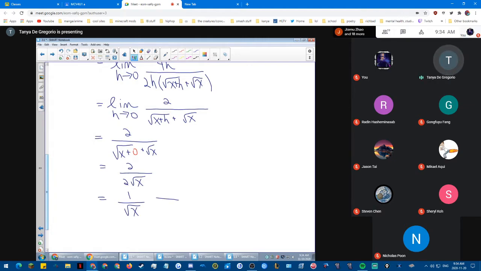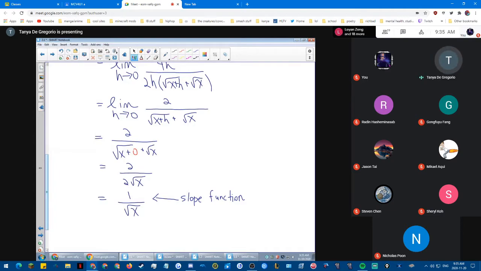So what do we call this? What did we just find? Yeah, good, the derivative or the slope function. This tells me what the slope will be at any point.